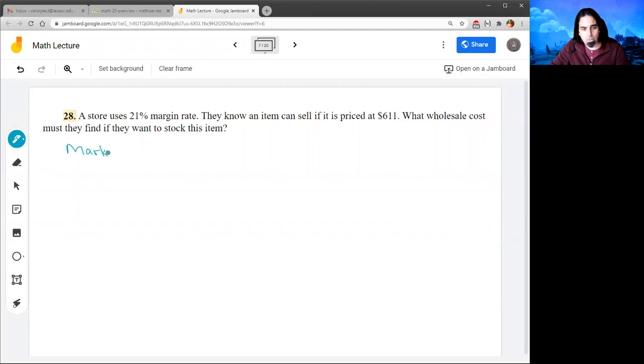There was markup and there was margin. And the difference between them was all attitude. For markup, you start with the wholesale cost and then you go up a certain amount to get to the retail selling price.